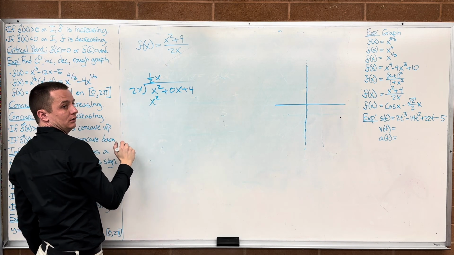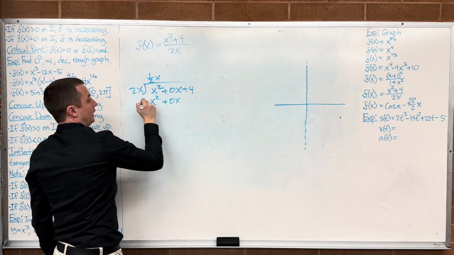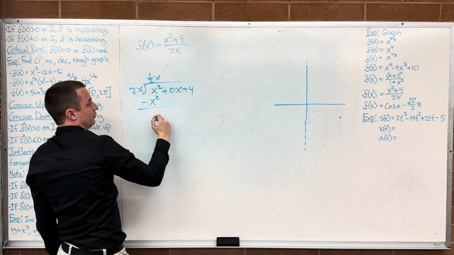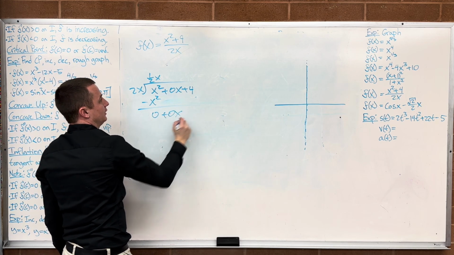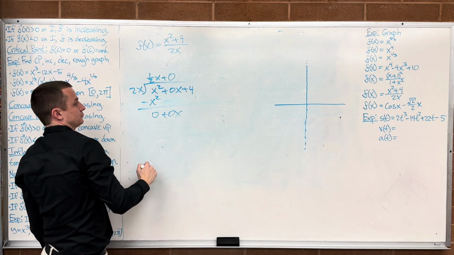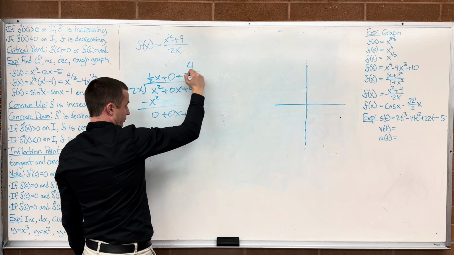Subtract, and then bring down the plus 0x, which gives us 0. Then bring down our 4, and 4 is our remainder, 4 over 2x.